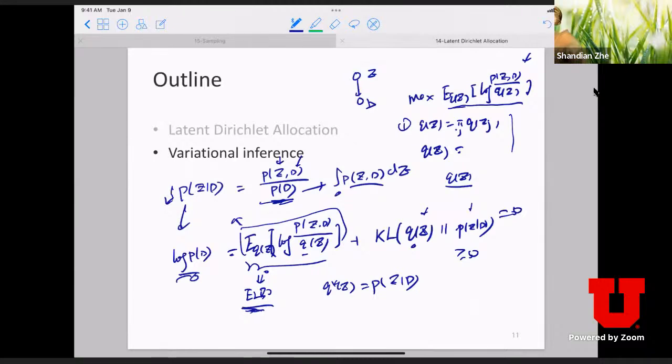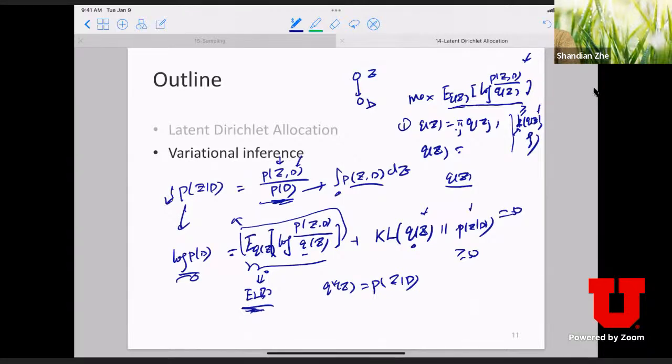For example, I can use convex conjugate to further construct a lower bound of this ELBO, introducing a set of additional parameters like C. So we expect that in this variational relaxation of the ELBO, your optimization with respect to Q of Z, even without putting any constraints, will be a lot easier. Like the case we discussed in the Bayesian logistic regression, right?